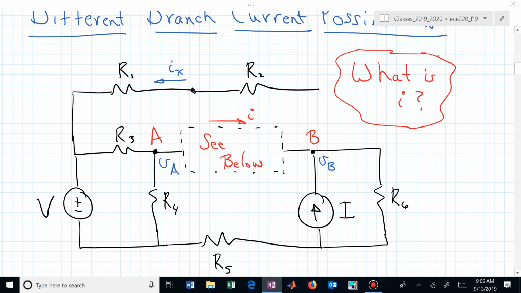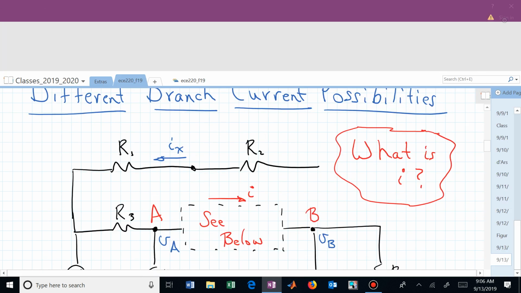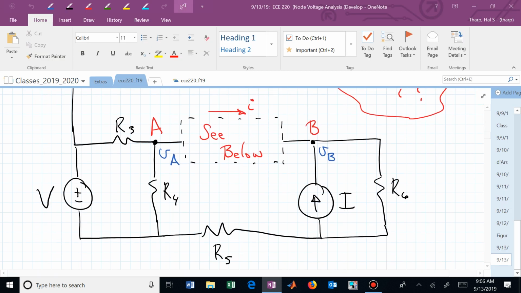The current going down through resistor R4 would be, well, it depends on what's labeled, and I guess I should have said I need to know in that last example that I just spoke about, I was sort of by default assuming this was my reference node. If that hadn't been, I forgot about that R5 down there. If that hadn't been, then I would have to actually account for that in determining what's the voltage there.